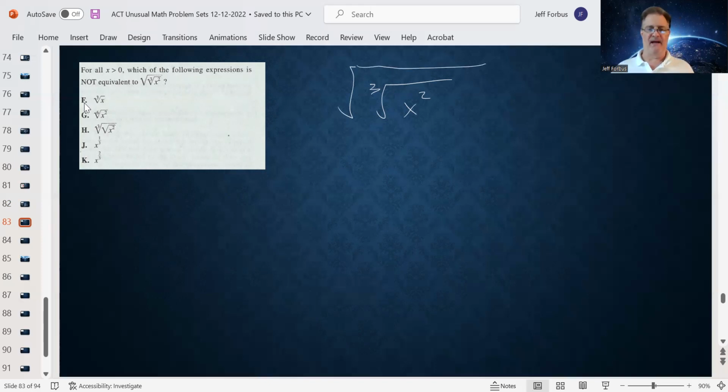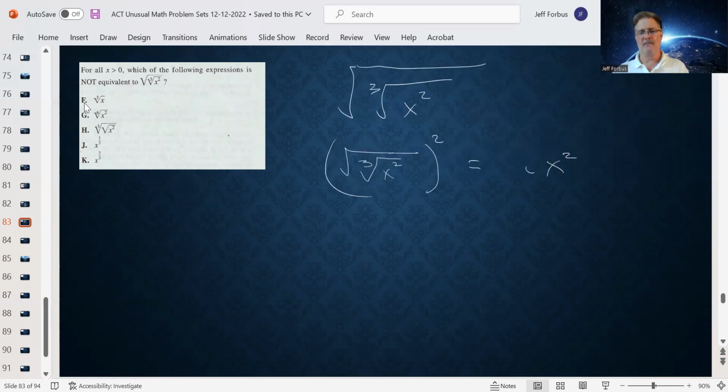We need to simplify this. If we're going to simplify this, we need to get rid of the radical, the square root. So we're going to square the radical, cancel the radical, and that's going to leave us the cube root of x squared.